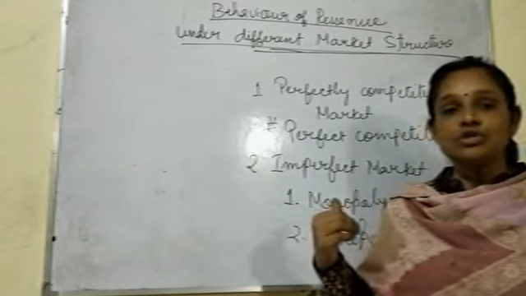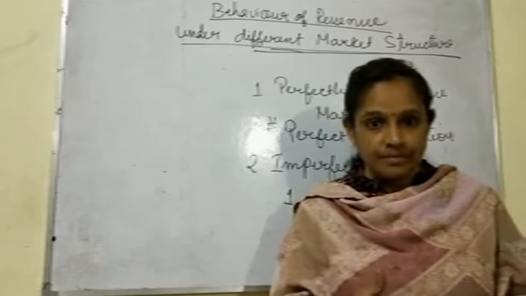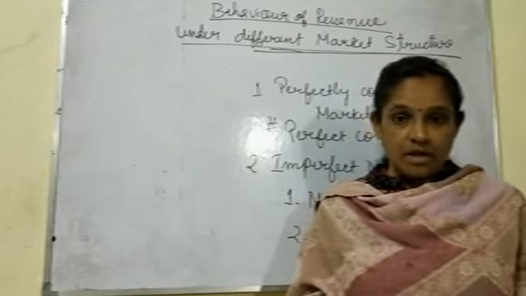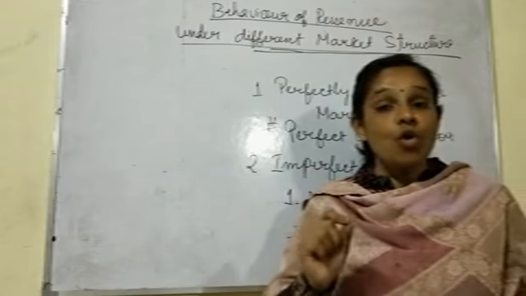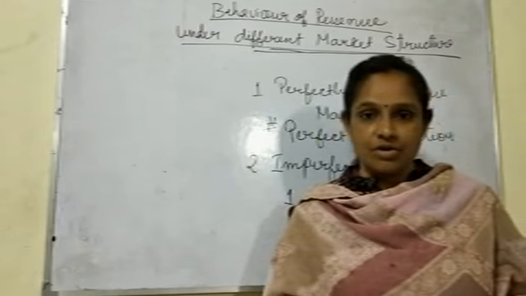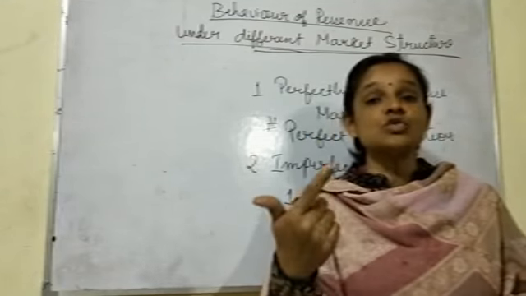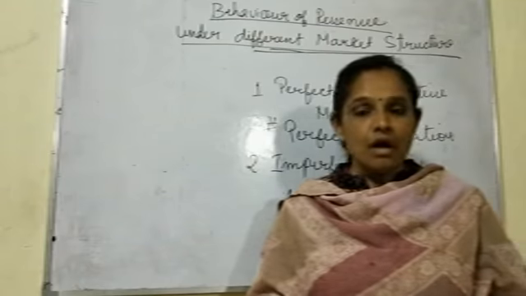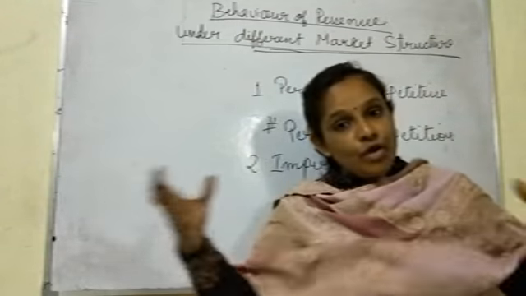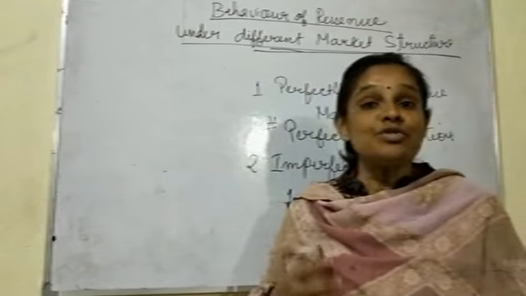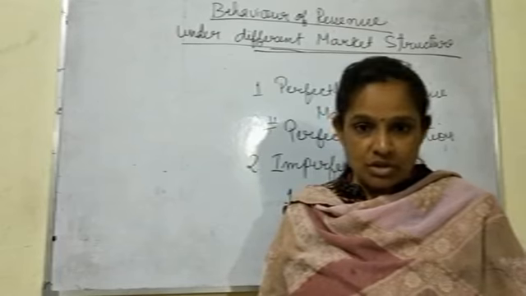So here we use the keyword firm. The firm is not deciding what the price is. It means the producer will not decide what should be the price of the commodity. The industry is going to decide what should be the price of the commodity. Is it clear? A firm is a producer and too many firms together form an industry. So I told you three facts about perfect competition.